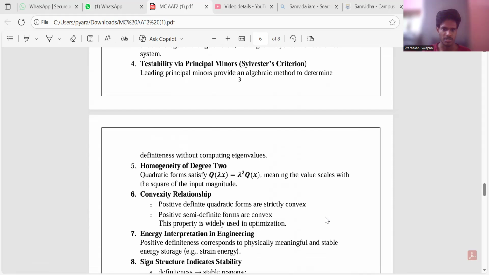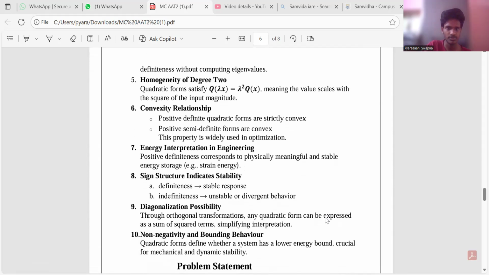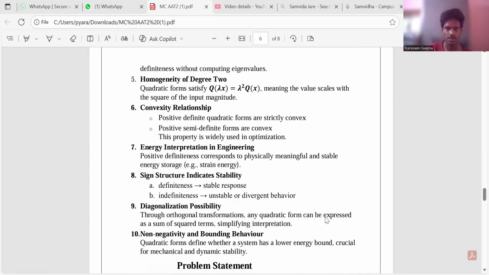Convexity relationship: positive definite quadratic forms are strictly convex. Positive semi-definite forms are convex. This property is widely used in optimization and energy interpretation in engineering.